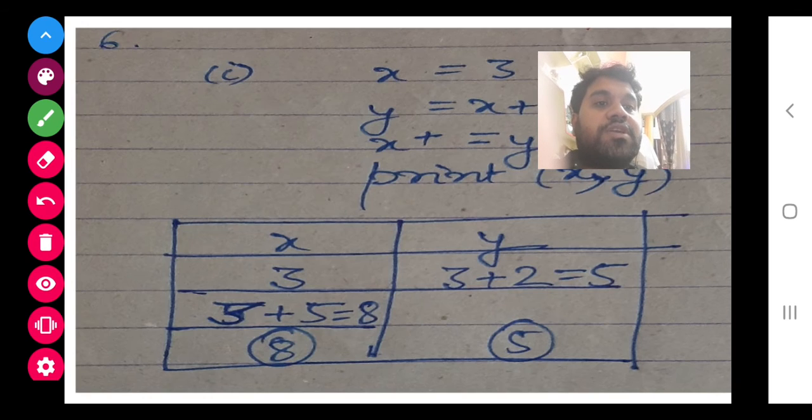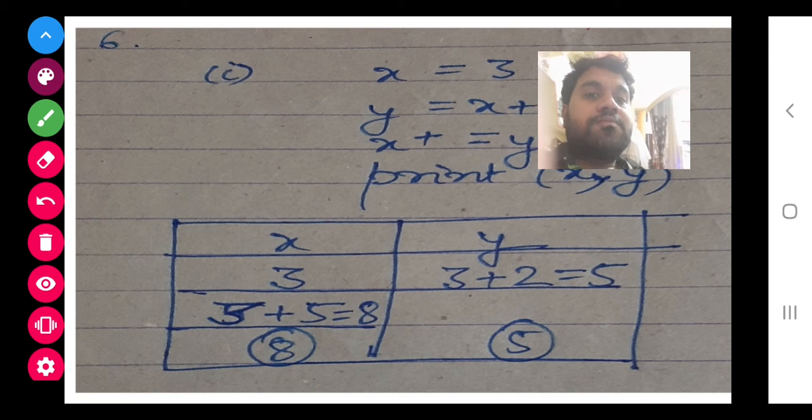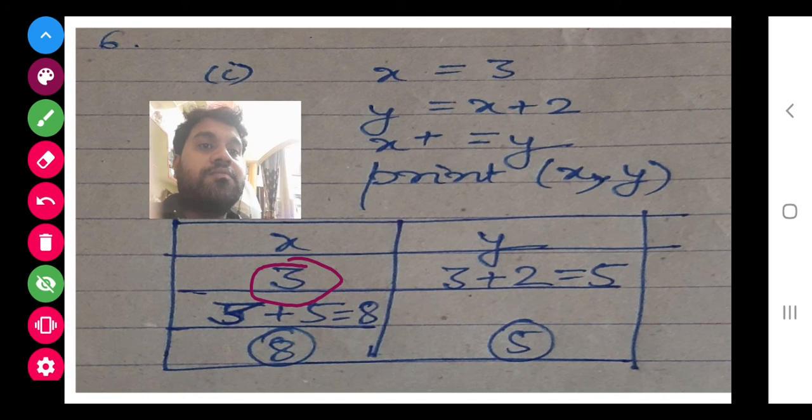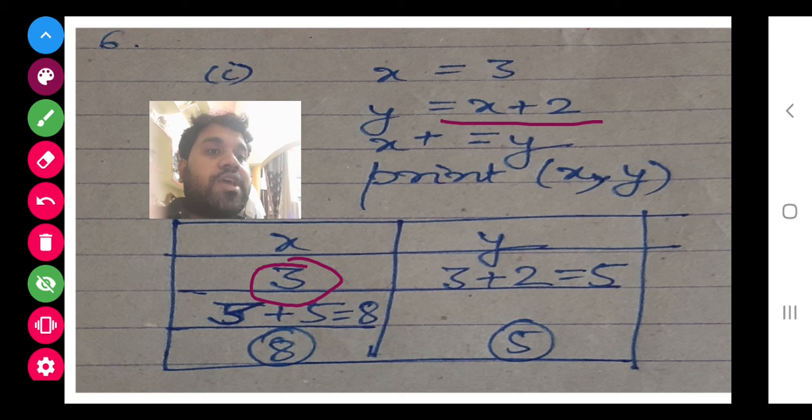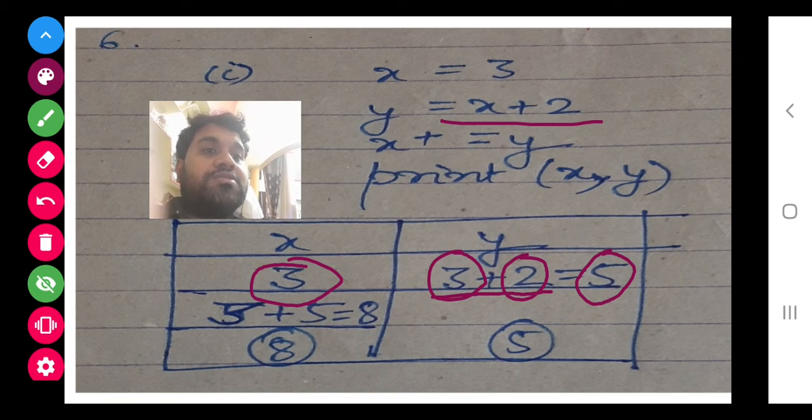In the first part, x equals 3. So first of all, you will write here 3, and y equals x plus 2, that is 3 plus 2, x is 3 and plus 2 will result in 5. So the second line is solved. Now the third line, x plus equals y.